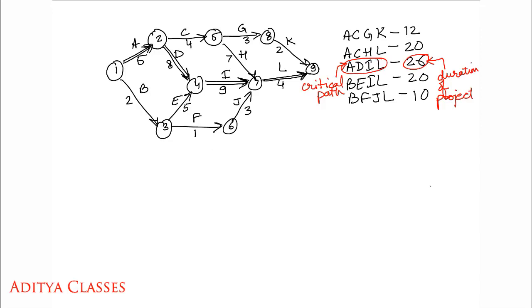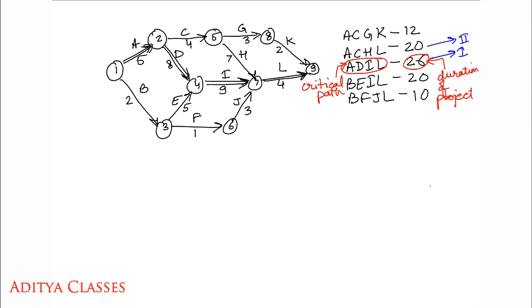One important thing: how do I make these forward and backward passes? I'll keep a very close eye on these durations. I will make forward and backward passes in order of these durations, in descending order. So if I am going in descending order, what will be my priority? First I will solve this path.